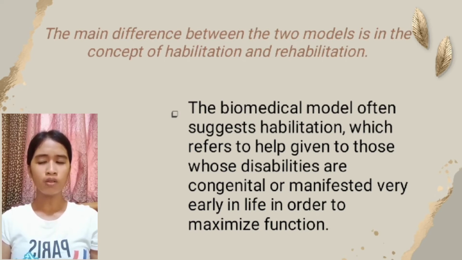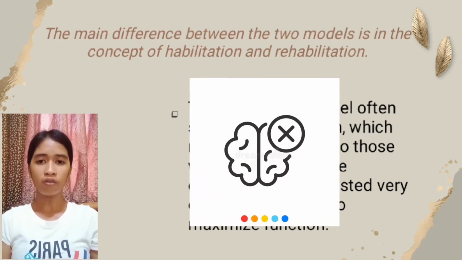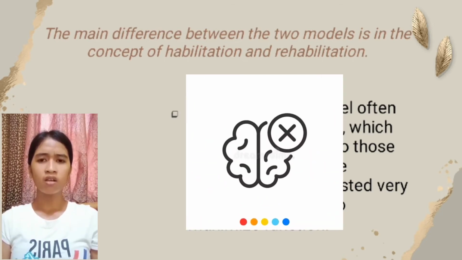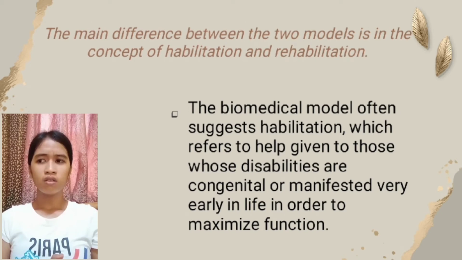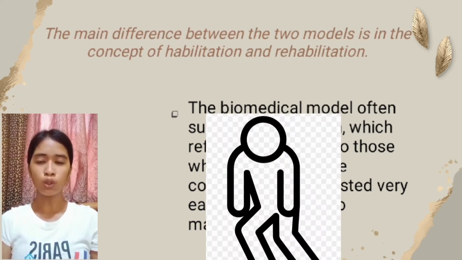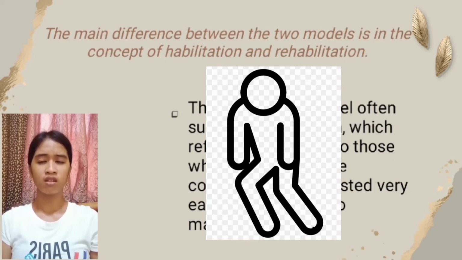For example, a child having cerebral palsy. As we all know, cerebral palsy is caused by abnormal brain development or damage to the developing brain that affects a person's ability to control his or her muscles.